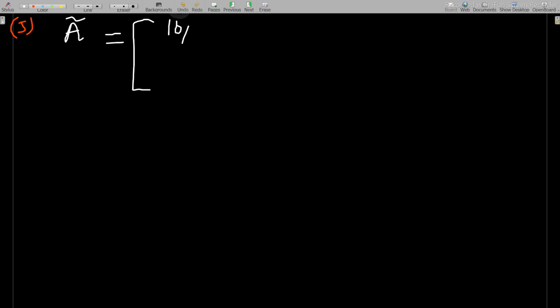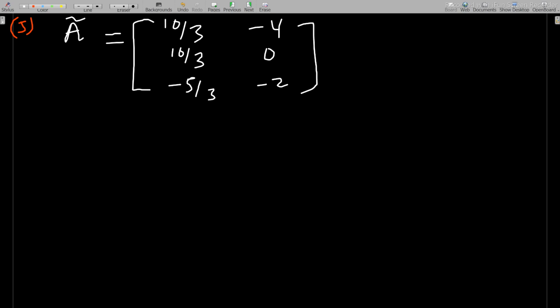That was this part, 10/3, then -4, you have 10/3 again, and you have 0, then you have -5/3, and you have -2. Take these. Now with this, we apply our Householder method.